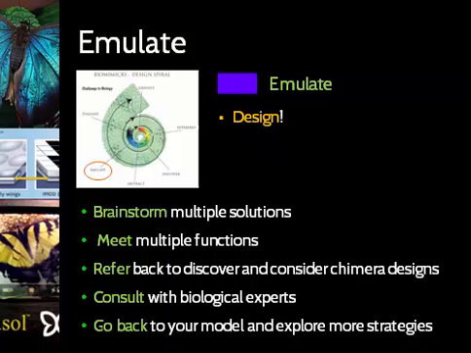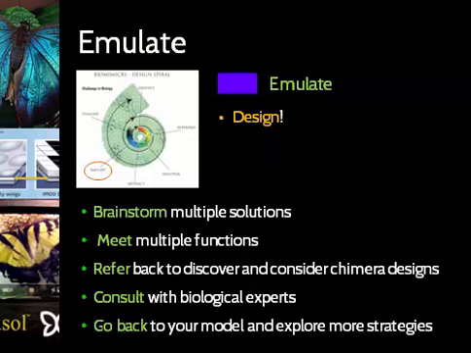You can weave in all kinds of different design solutions. See if you can meet multiple functions with each strategy, just like nature itself, right, is the multifunctionality. So once you design something for one function, can you meet more functions with that strategy or by modifying the strategy?